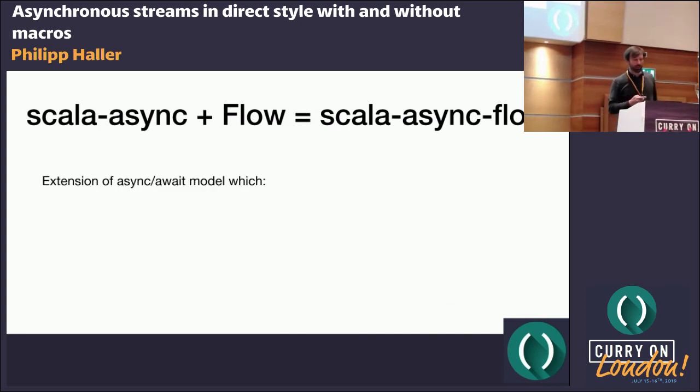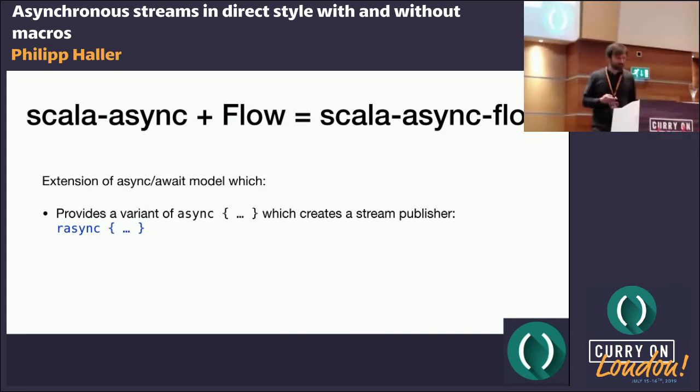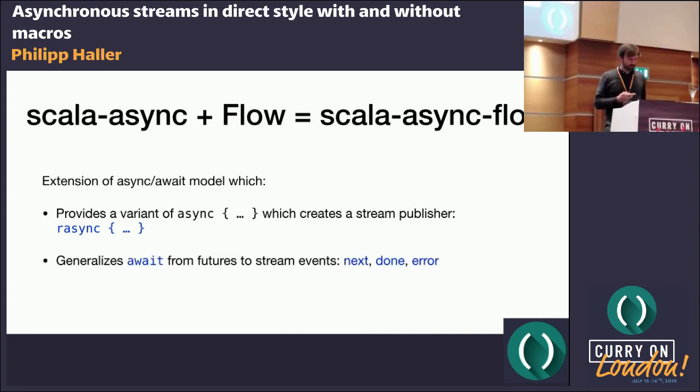So the idea is that we extend the async await model so that we have first a variant of async that can create publishers instead of just futures, right? We call it rasync for now. And we need to generalize await from futures to stream events, like I mentioned.